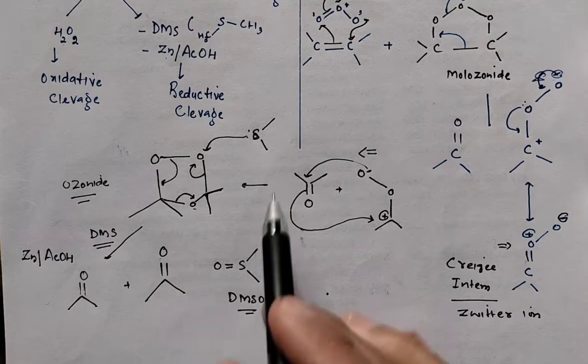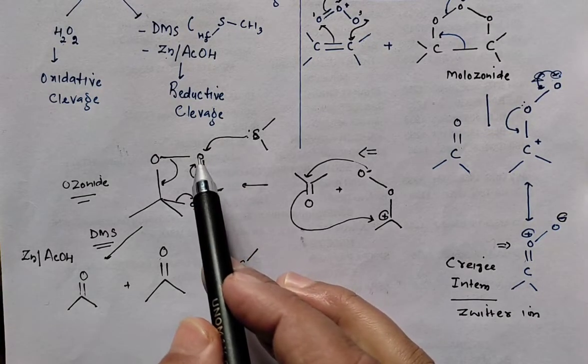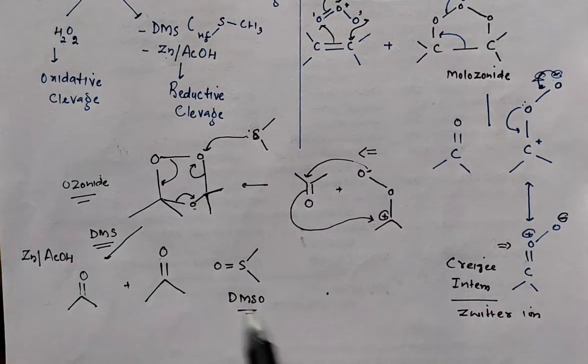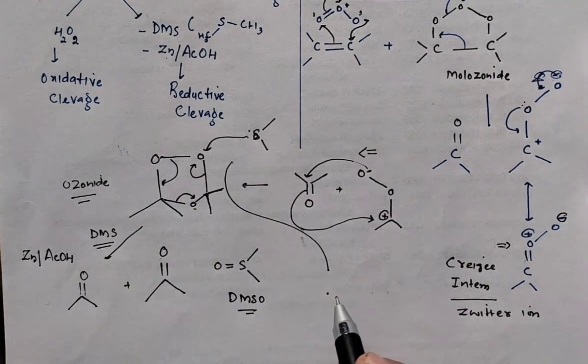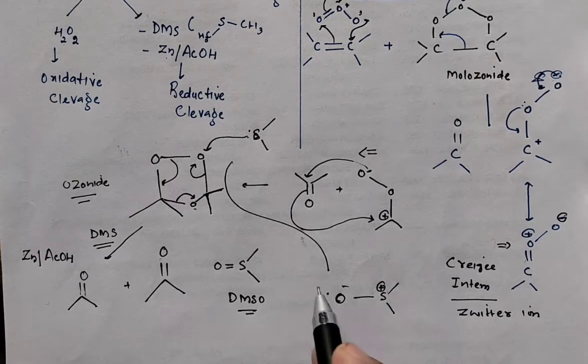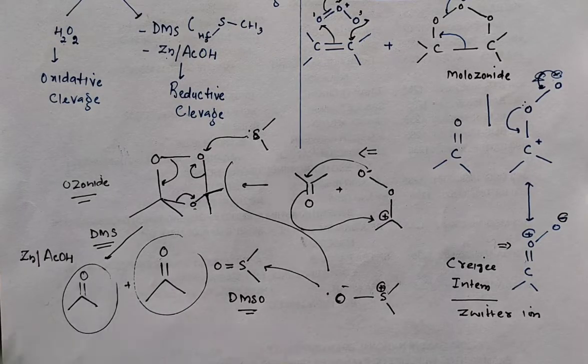So basically here, first what forms is, we have oxygen that's negative, then sulfur has a plus, then oxygen exists in the form of a double bond. Actually, what forms is like this, look, oxygen has a negative charge, the sulfur by donation has a plus charge, then they make a bond, so they form the sulfoxide. Okay. So these are the two carbonyl fragments formed.